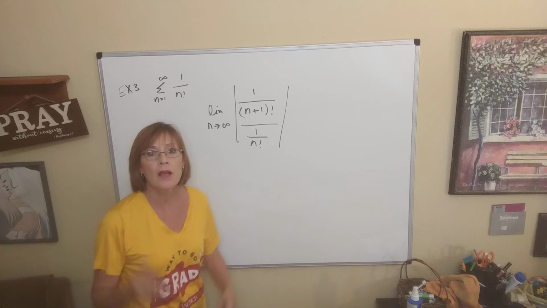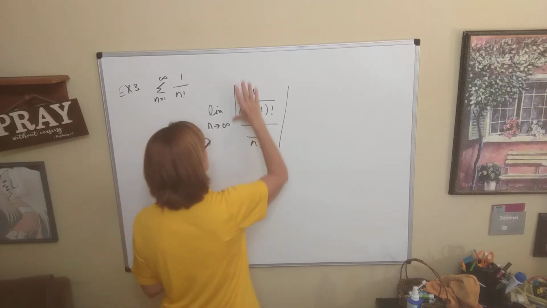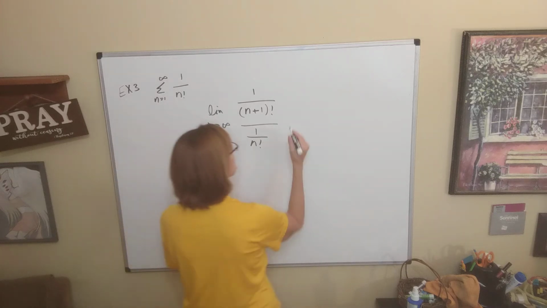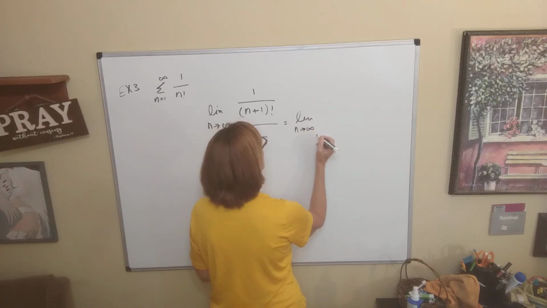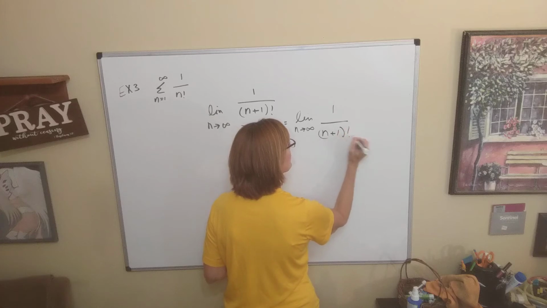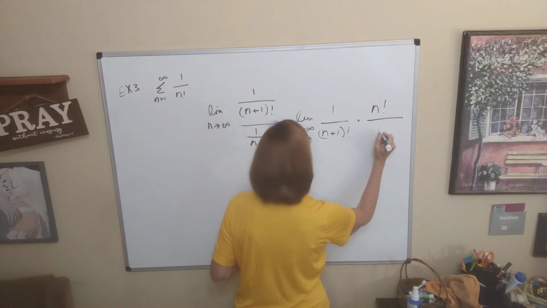However, n is positive, and 1 over something positive is positive. So this is equal to the limit as n goes to infinity of 1 over (n plus 1) factorial times n factorial over 1.